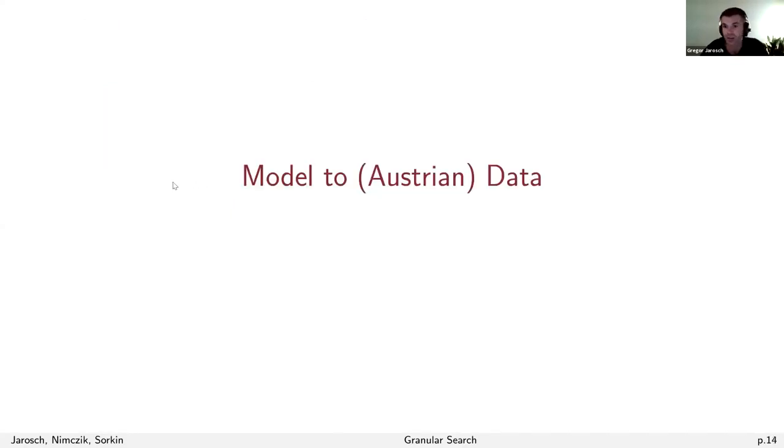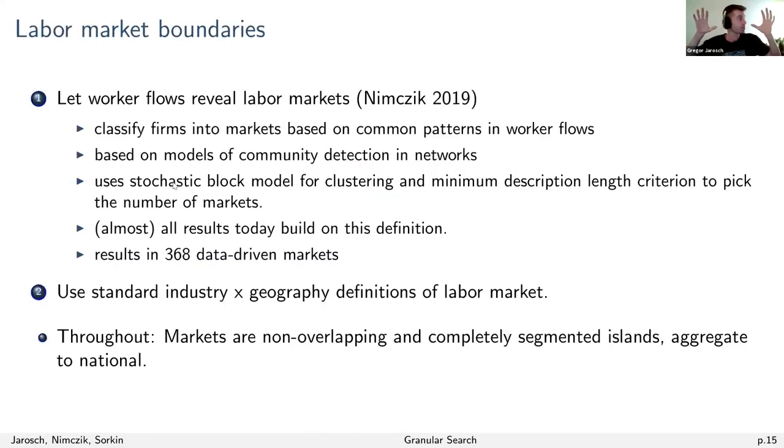Okay, so we'll take the model to Austrian microdata. And as I've already mentioned, what you need to do when you take a model like that to data is you need to take a stance on the boundaries of a labor market.